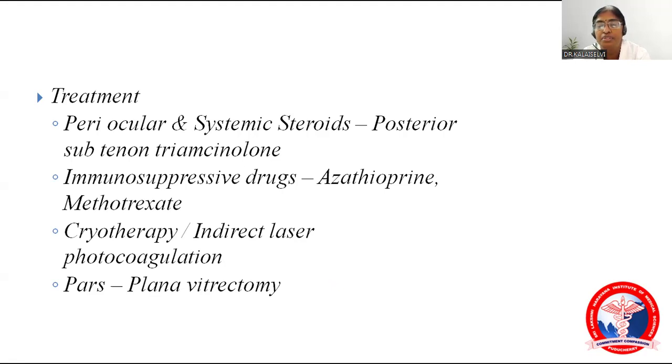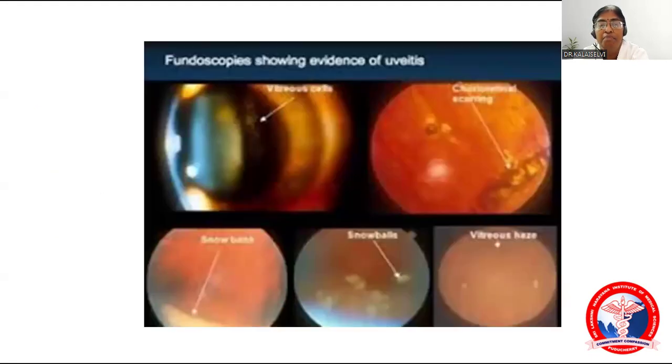For those who have steroid side effects or don't respond to steroids, we take the help of immunosuppressant drugs like azathioprine and methotrexate. Cryotherapy or direct laser photocoagulation can also be done. When all these measures don't help, then pars plana vitrectomy is the approach.